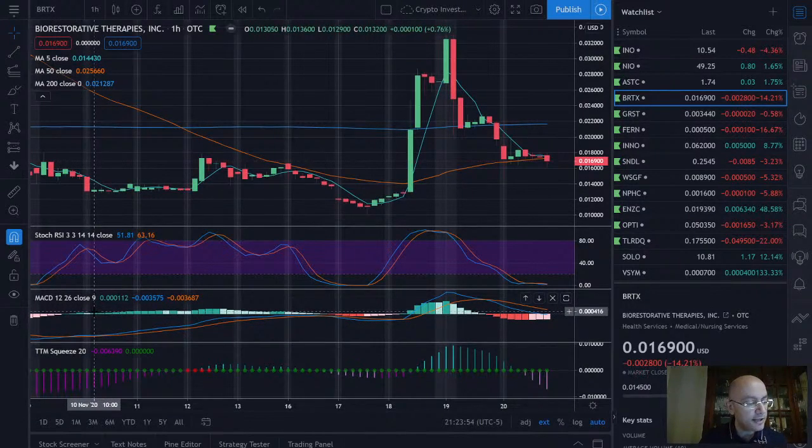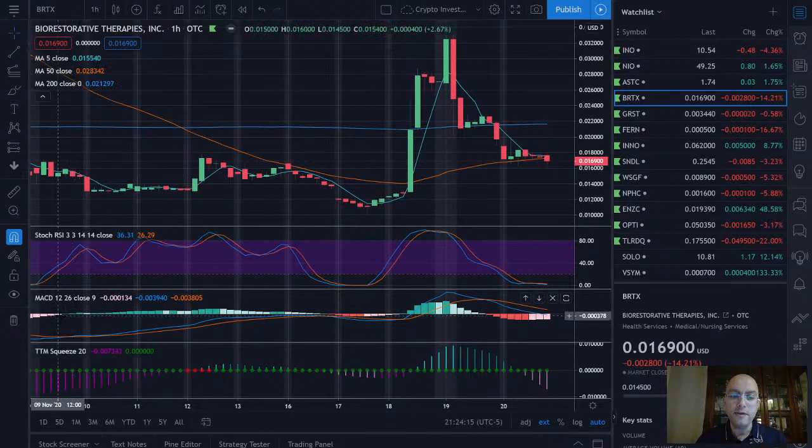And these basically, the first number calculates the faster moving average, which is basically the 12. The 26 represents the slower moving average, and the 9 represents the difference between the moving averages.